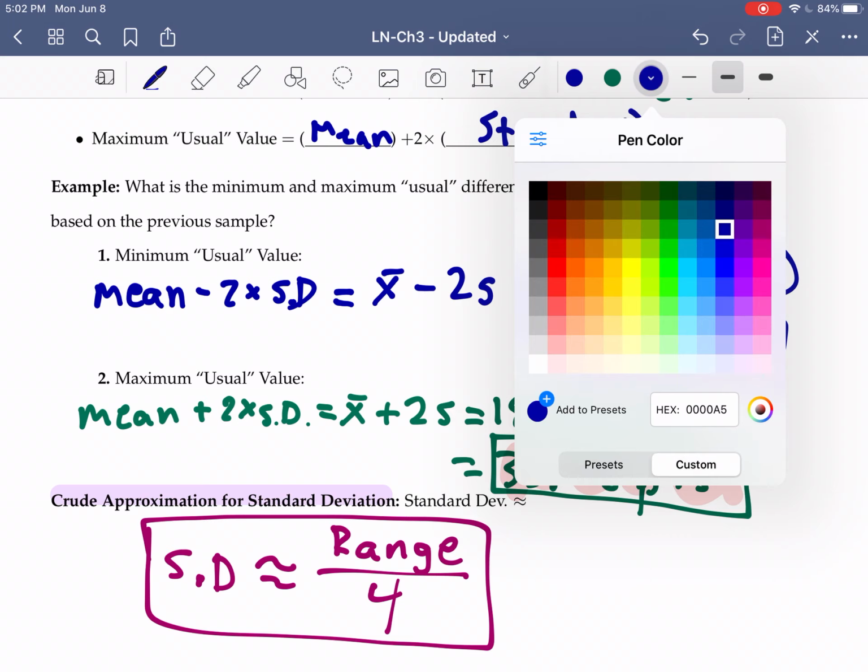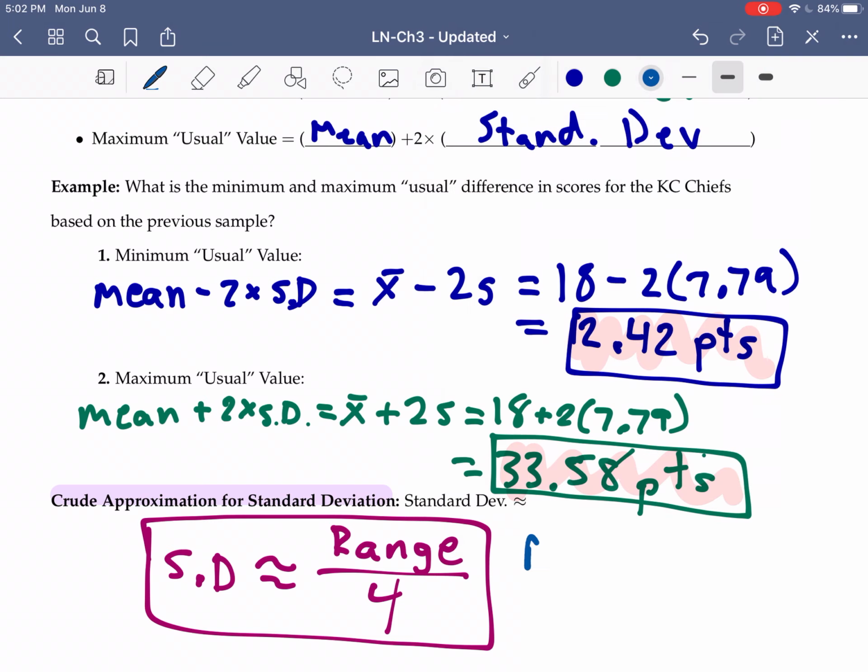That's a little bit annoying. I guess range rule. So that's a range rule for standard deviation. So be aware of that. You might need to use context to decide what range rule am I dealing with.